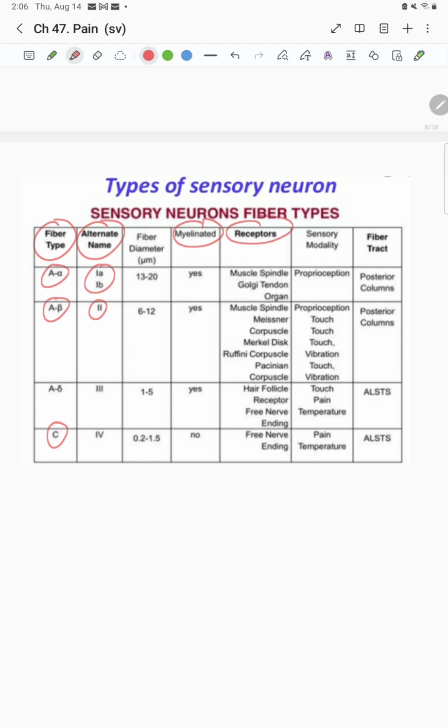Then what their function is, so the receptor part: muscle spindle, Golgi tendon organ, and what it's for, proprioception. And then where it's found in the fiber tract: the posterior columns, the fasciculus gracilis and fasciculus cuneatus being an example. And then here you have your anterolateral system.